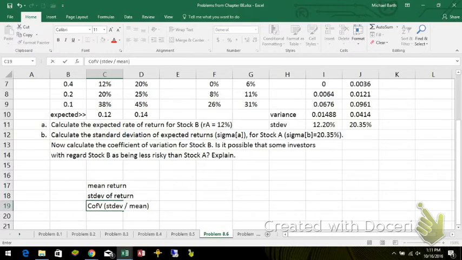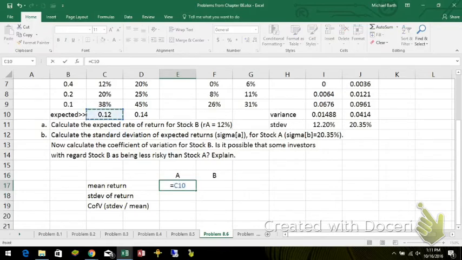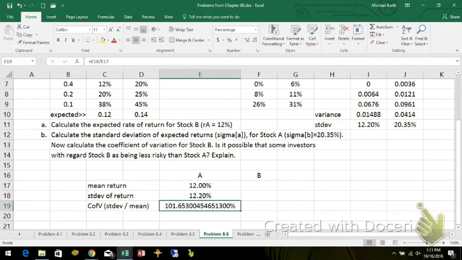And this will be for stock A and for B. The mean return for A is 12%, 0.12. Same number as 12%, I'm just going to format it for percentage to 2 decimal places. And I calculated the standard deviation as 12.2, so the coefficient of variation would be the standard deviation divided by the expected return or mean return.